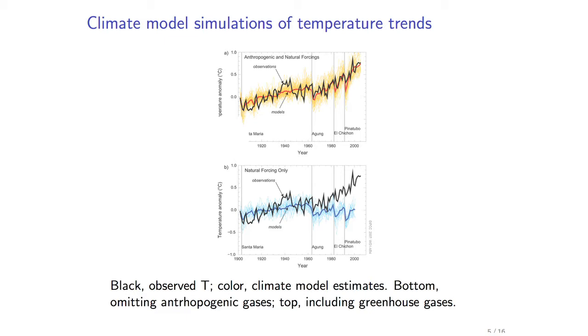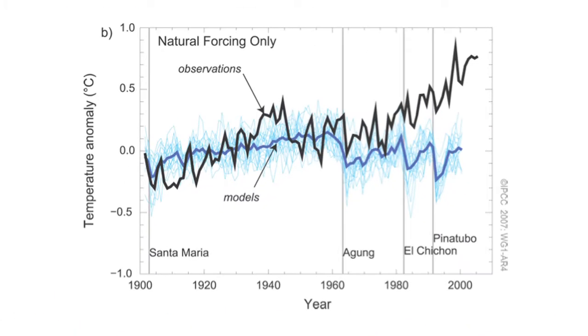In this, there were dozens of climate models that were used to simulate a whole century of climate. And the model runs were by design set up in two very different ways. One set of simulations, shown in the bottom, is a counterfactual scenario, a scenario that doesn't match what happened in reality. In that set of simulations, the models turned off the emission of greenhouse gases by humans. So we cut back as if everybody was an environmentalist starting in 1900. Those simulations are shown in blue at the bottom here.